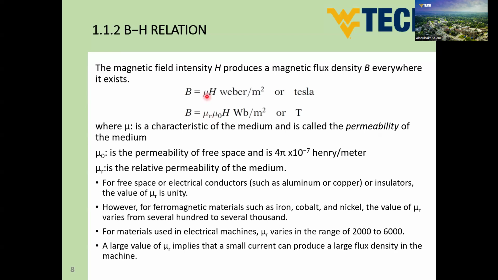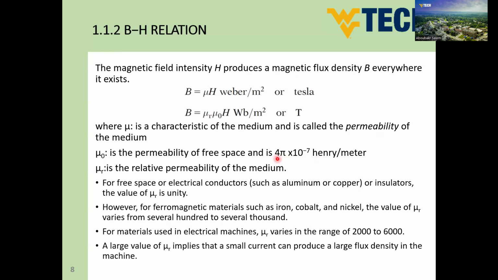It is nothing but the multiplication of the relative permeability times the absolute permeability of free space. You know that free space or air will have a certain permeability. The permeability of free space is 4 pi times 10 to the power minus 7 Henry per meter. So this is the unit of permeability.